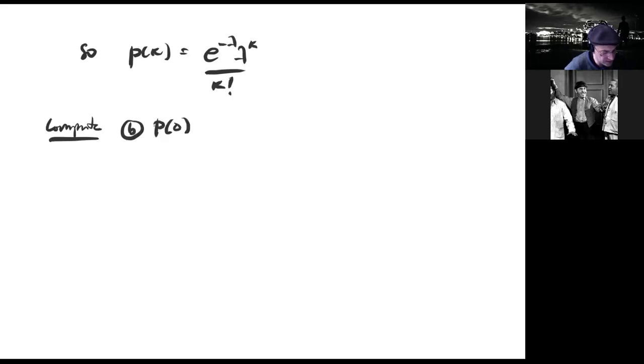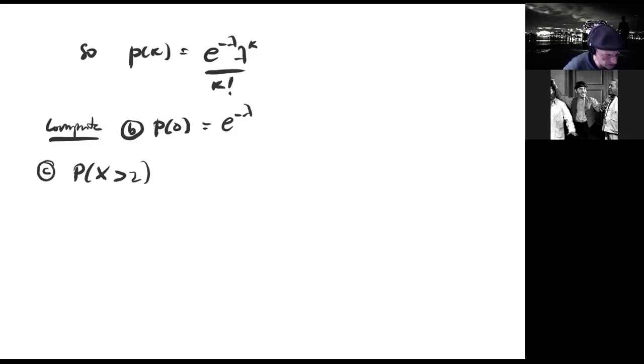We just set k equal to 0 in P of k. So we get lambda to the 0 over 0 factorial. 0 factorial is 1, by the way. So lambda to the 0 is 1, so we get e to the minus lambda. So that's simple. Okay, so what about part C? Part C asks us to calculate the probability that x is strictly larger than 2.